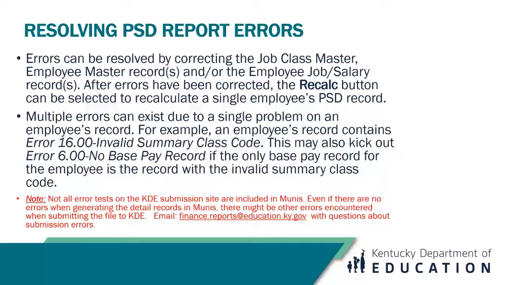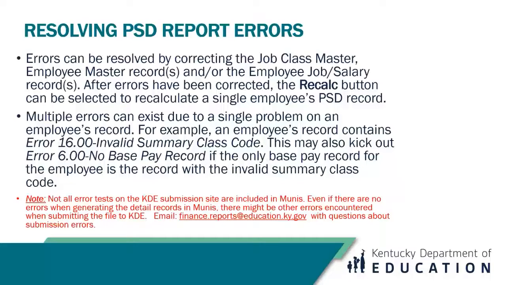So errors that can be resolved by correcting the job class master, employee master records, and/or the employee job salary records. After errors have been corrected, the recalc button can be selected to recalculate a single employee's PSD record. Multiple errors can exist due to a single problem in an employee's record. For example, an employee's record contains error 16, which is an invalid summary class code.